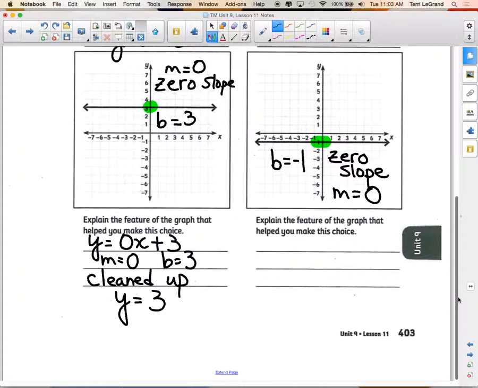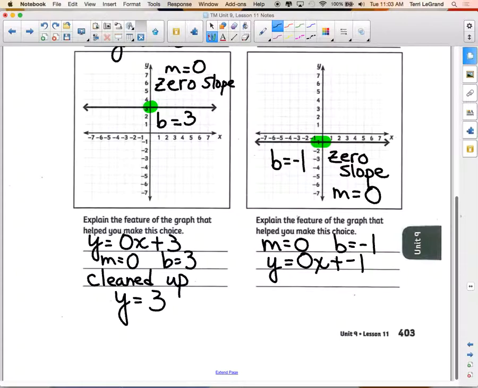Maybe this time we should do it like this. M equals 0, b equals -1, so y equals, let's just write the equation ourselves and then go see if it matches one of them. So y equals what? Well, we got to take the m times the x, and then we have to add to that the b value.